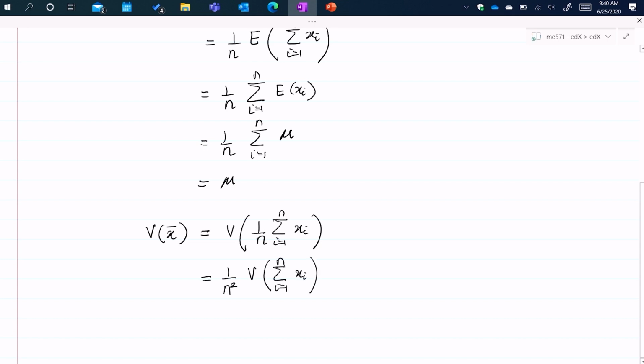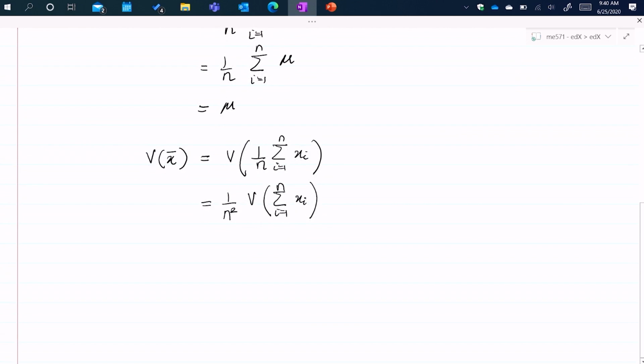And we also know that the variance of a sum is the sum of variances. So the variance of the sample mean will be 1 over n squared times summation i going from 1 to n of the variance of xi.